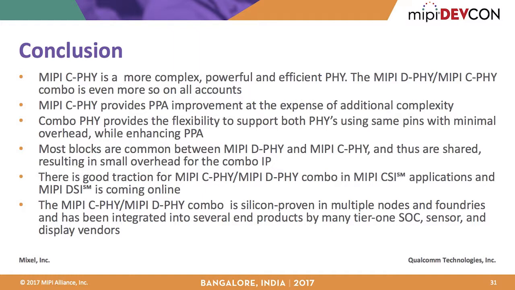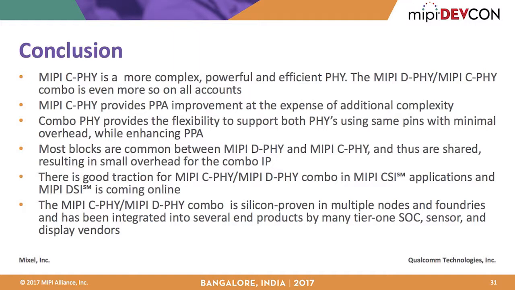And of course, the combo D-PHY, C-PHY is even more complex than just a C-PHY and even more powerful. So the C-PHY provides a power, performance, area improvement at the expense of that complexity. With the combo PHY, you get a lot of flexibility, being able to use it as a C-PHY or D-PHY, and using the enhancement you get with the PPA.